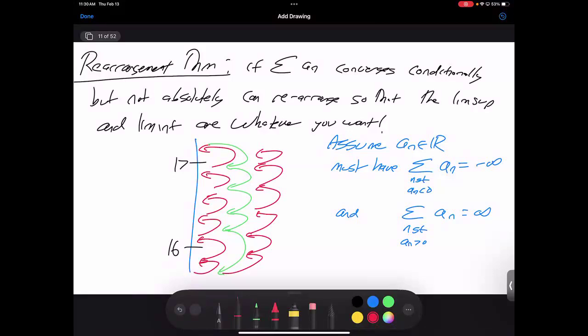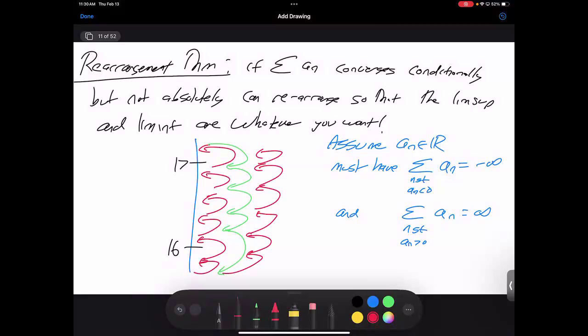And so I'm not going to go through all the details, but hopefully this is enough for you to get a sense of why the rearrangement theorem is true. Because the sum converges, I do know that the a_n have to be going to 0. So because they go to 0, I can order them in decreasing magnitude of the positives and decreasing magnitude of the negatives.